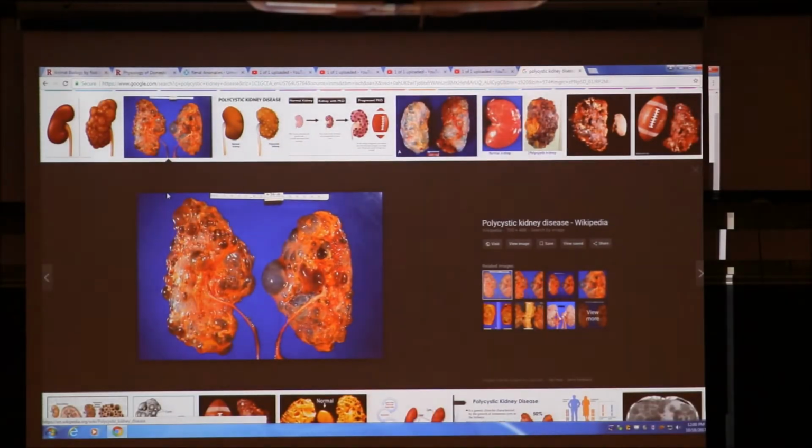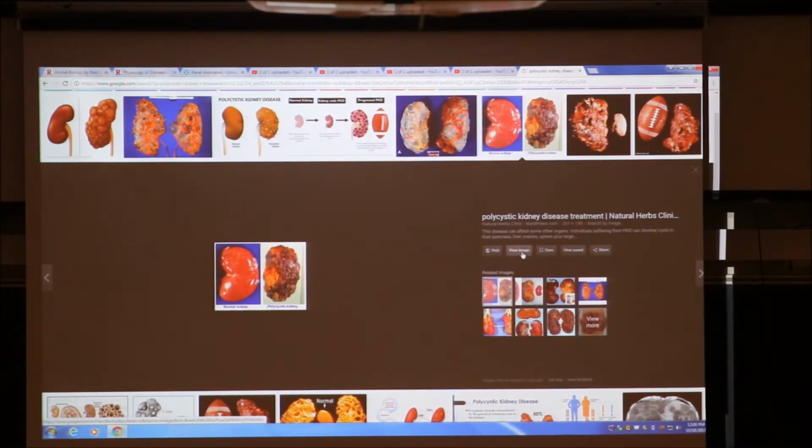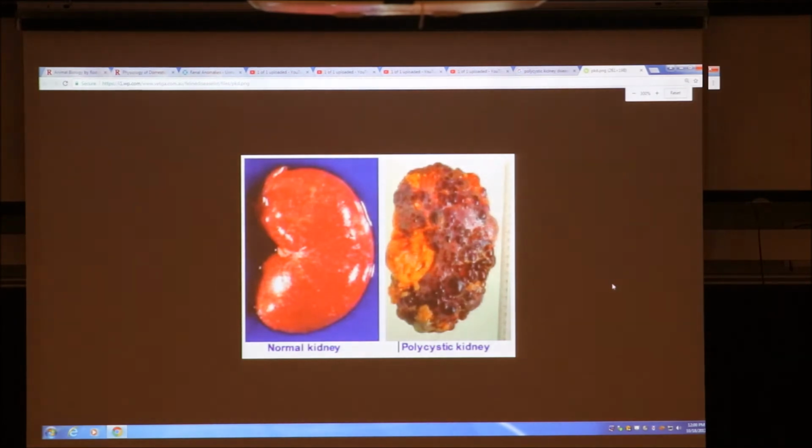There it is, bilateral polycystic kidney disease, and probably needs a kidney transplant. That doesn't develop overnight, but look at that. That's terrible because the normal should be nice and smooth, like this one here. Normal kidney, polycystic kidney.